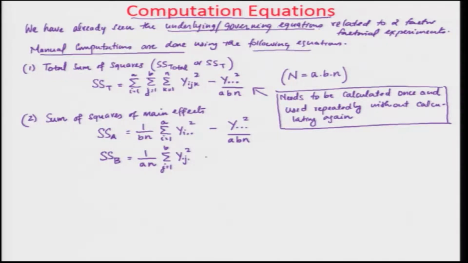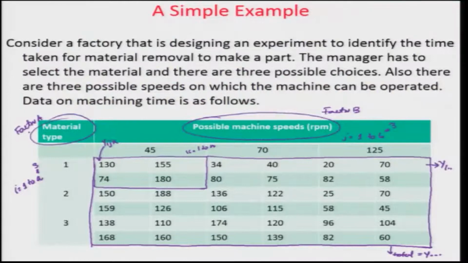For each column, for each individual value of i, you sum the columns. The i and n are indexed.